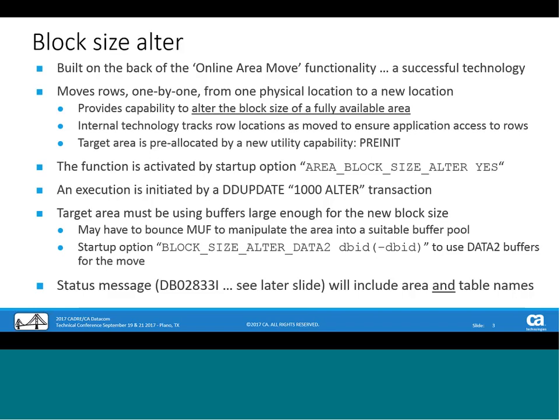That may require a bounce of the MUF in order to assign the area to a buffer pool which is otherwise too large for it, but will become the right size when you move it. Or there is a parameter called block size alter Data 2, which means that when you start the MUF up, the databases you specified on this parameter will be forced into Data 2 buffers.